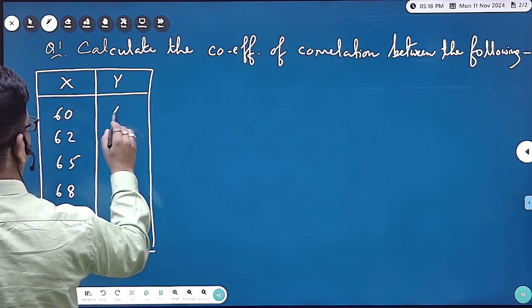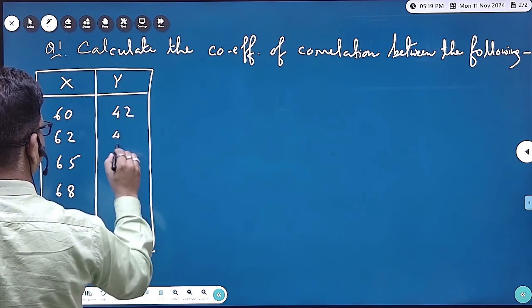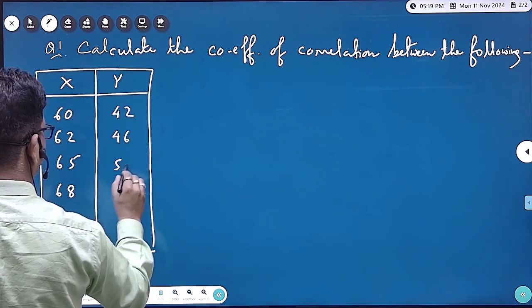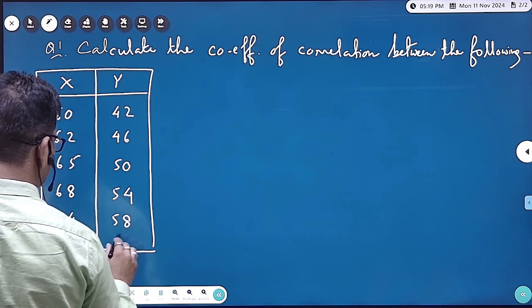Suppose y is 40, 42, 46, 50, 54, 58, and 60.